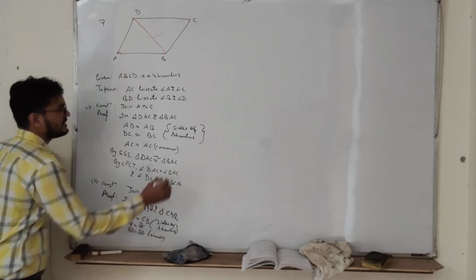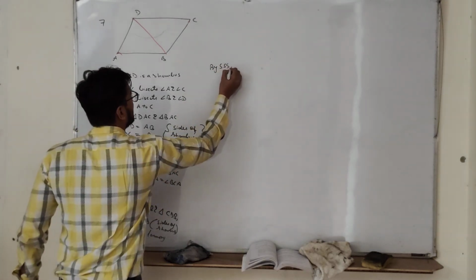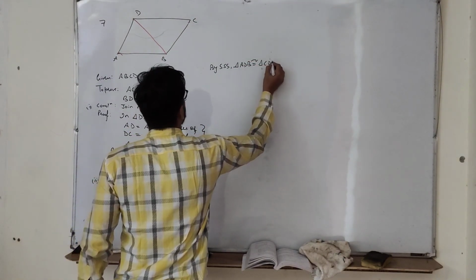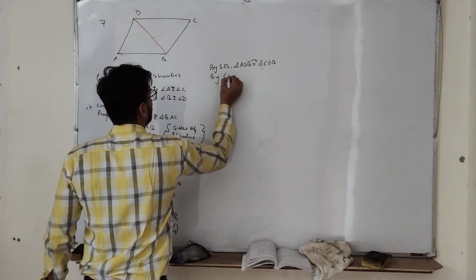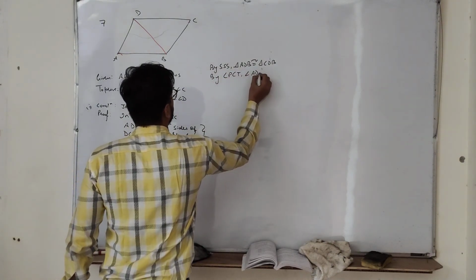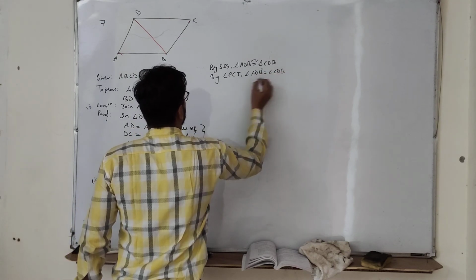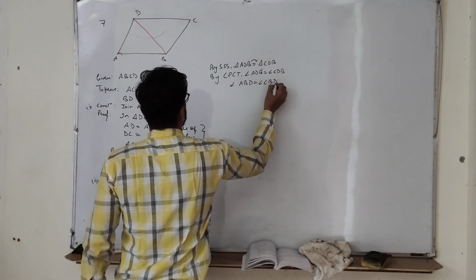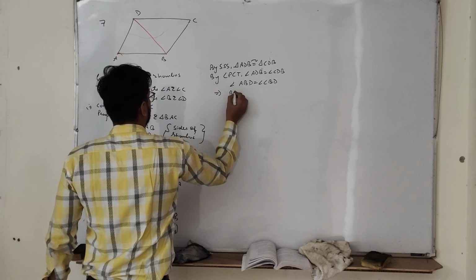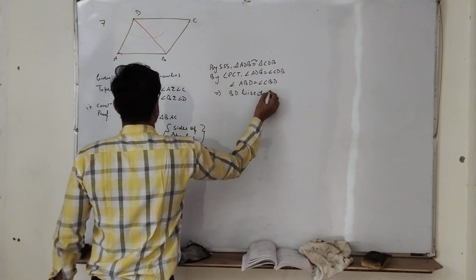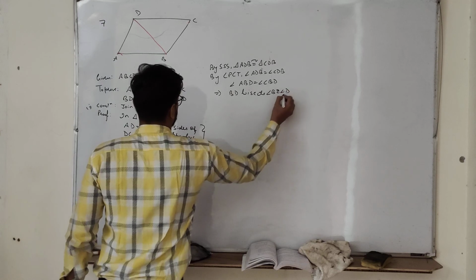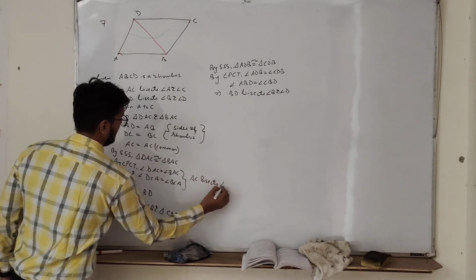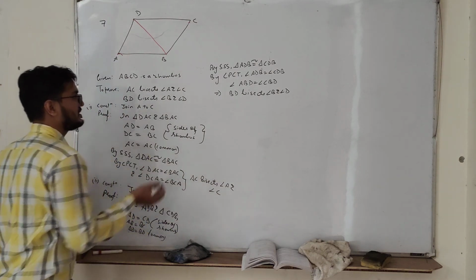So by SSS, triangle ADB is congruent to triangle CDB. So by CPCT, angle ADB is equal to angle CDB and angle ABD is equal to angle CBD. So this implies BD bisects angle B and angle D. From here we can say AC bisects angle A and angle C. So this we had to show.